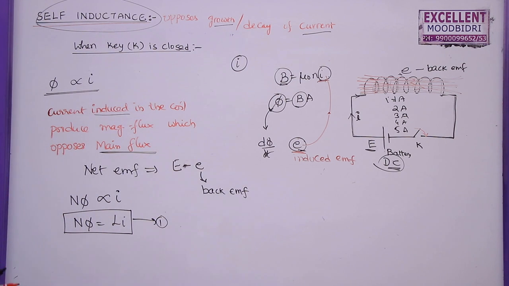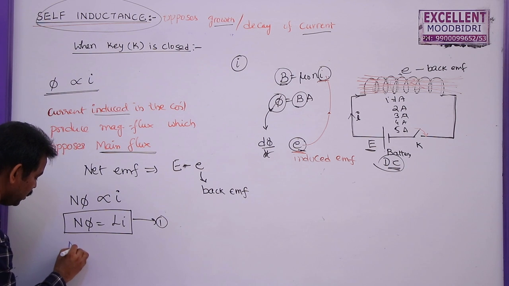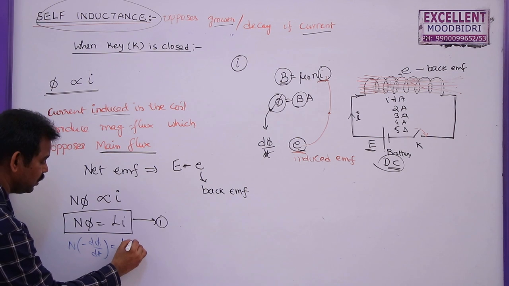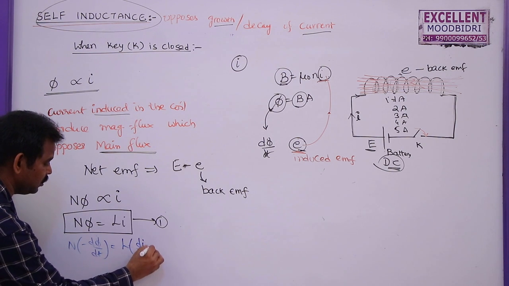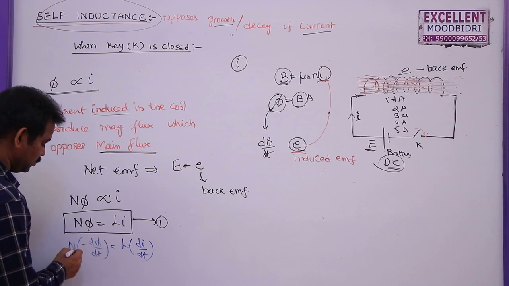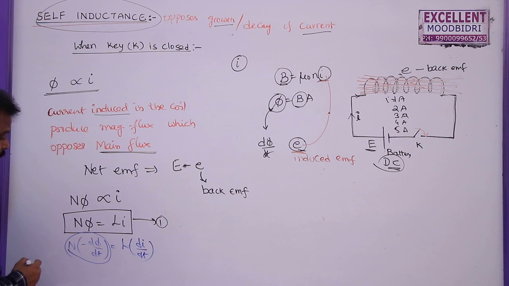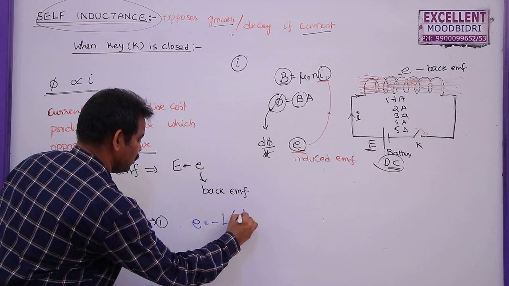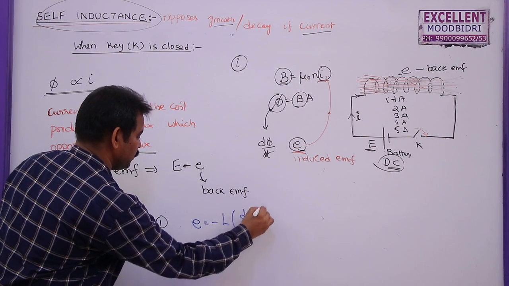If we differentiate this one, we will get N into d phi by dt is equal to L into di by dt.